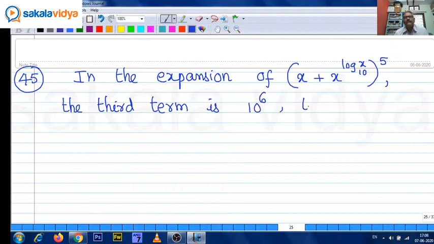Then x equals to... No, actually whenever you get the integer, for example, there will be two numerically greatest terms. One is r and the other one is r plus 1. First option 1, second option 2, third option 10, fourth option 1000.